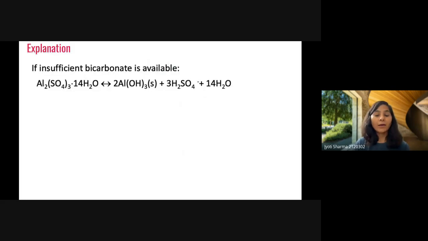Again, we have a reaction for this. We have alum, and if we do not have bicarbonate, then this will create, no doubt, aluminium hydroxide. But along with that, it will create sulfuric acid also, and this will lower the pH. So whenever we are using alum as a coagulant, we have to have bicarbonate in a sufficient quantity.